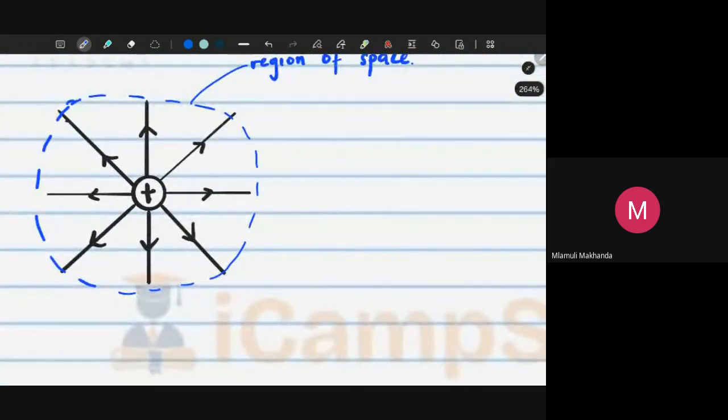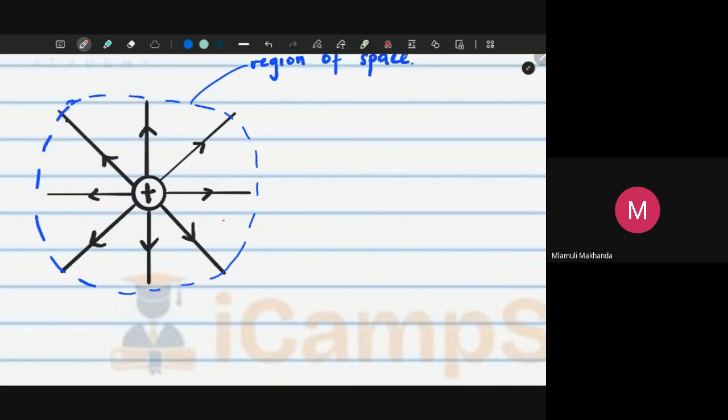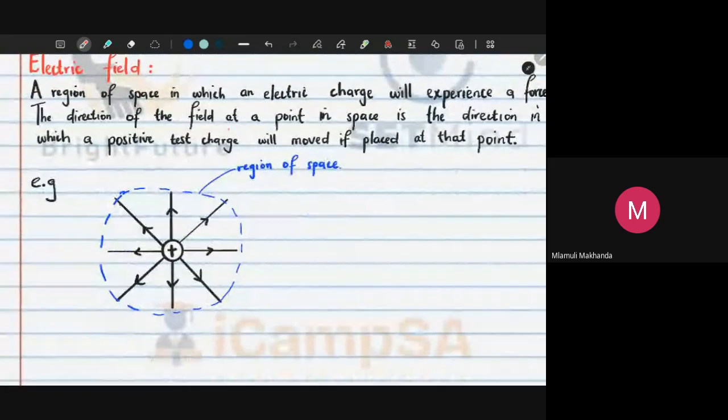So if right now we introduce a test charge here, say this is plus, let's say we want to understand the direction of the field at this point, somewhere here.